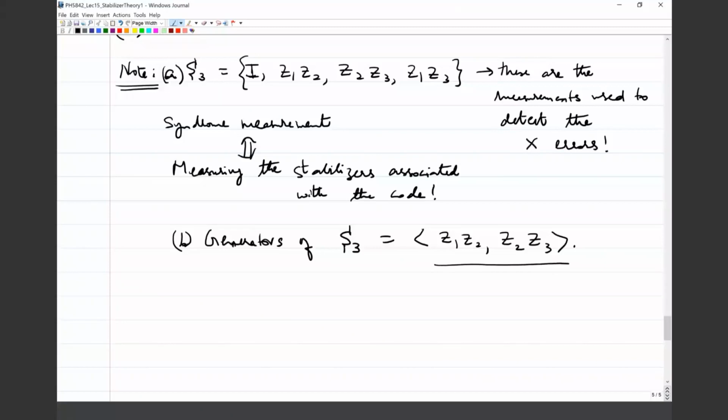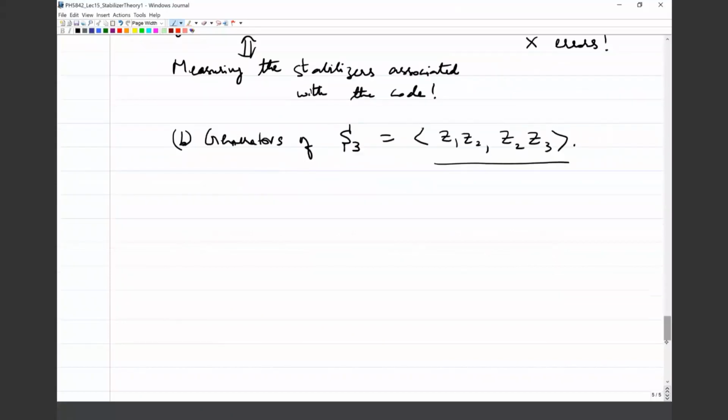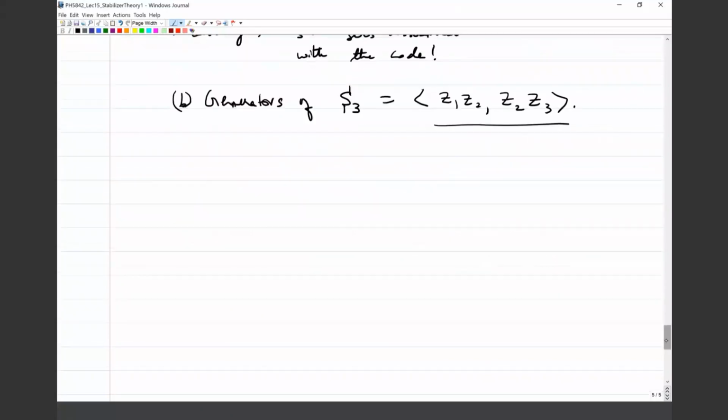Okay. So just a bit more general stabilizer theory, and then in Monday's class, what we will do is to look at the error correction conditions in terms of stabilizers. I've already listed out the properties that the elements must commute, identity must be an element.